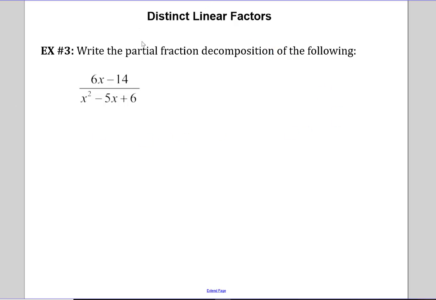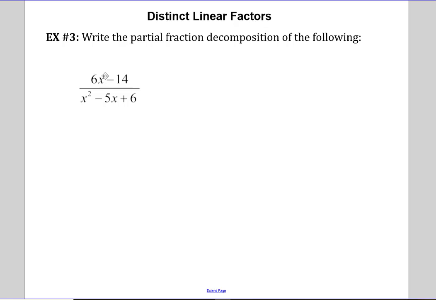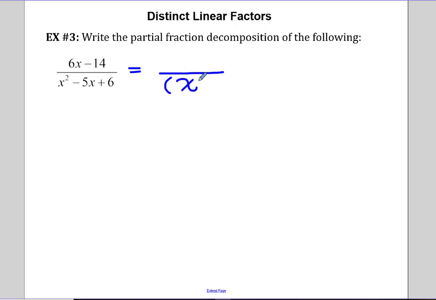Next, we'll look at the Heaviside cover-up method. Doesn't always work, but when it does, it makes everything easier to me. Factoring the denominator, we could have factors of x minus 3 and x plus 2, or x minus 2, I'm sorry. We need a positive 6.